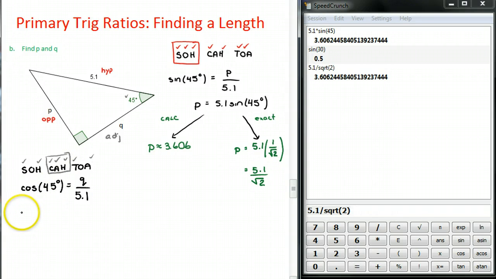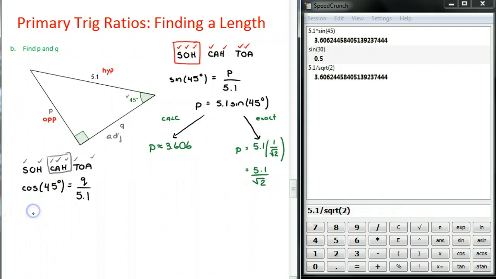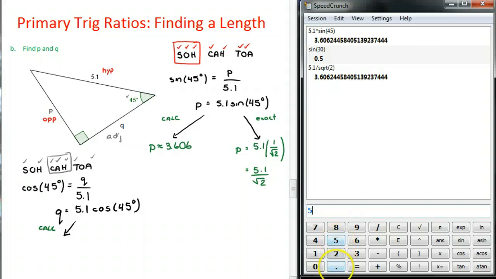So I'm going to multiply both sides by 5.1. Oh, sorry, let's rewrite this. Q is equal to 5.1 times cos of 45 degrees. And again, I can do this using a calculator. So I can say 5.1 times the cosine of 45 degrees.